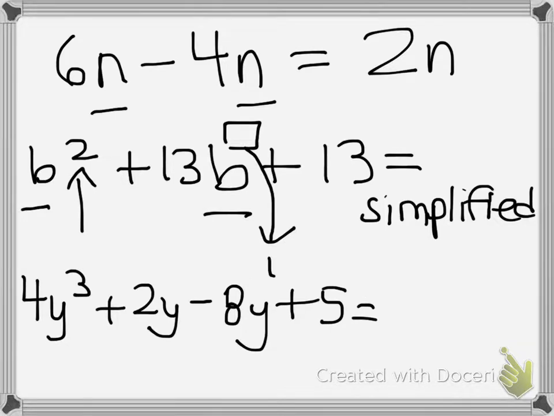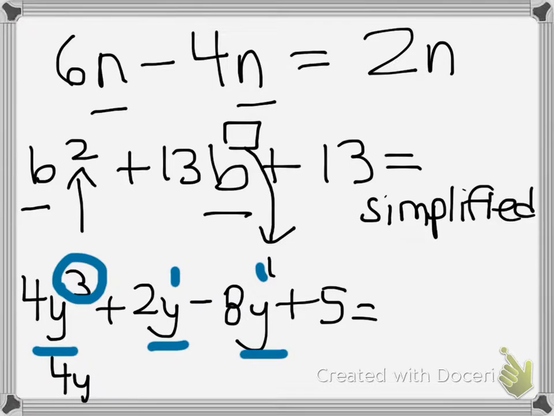Okay, for the next one, notice that this expression has y's involved, but the y that has the 2 and the y that has the 8 both have exponents of 1. And since those are different exponents than the exponent here of 3, we cannot combine those two with the 4y cubed. So the 4y cubed is going to stay 4y cubed since we can't combine it.